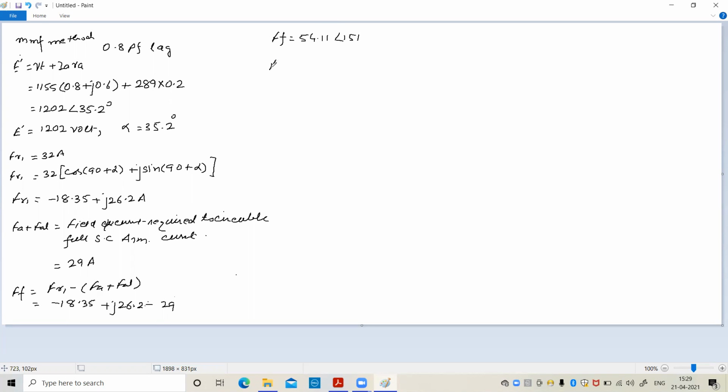But we are interested in the magnitude of FF, which is 54.11 ampere.